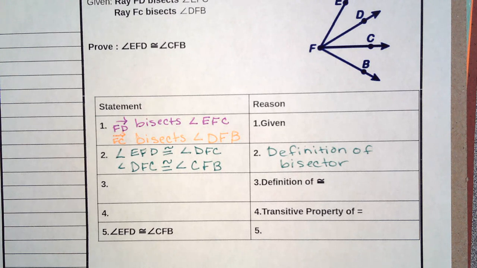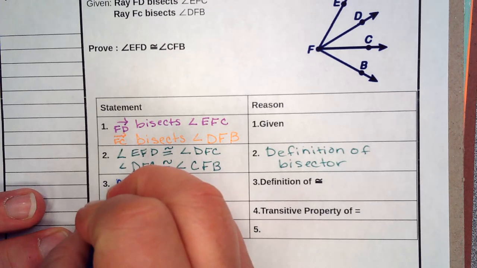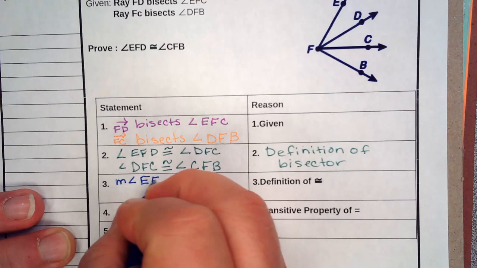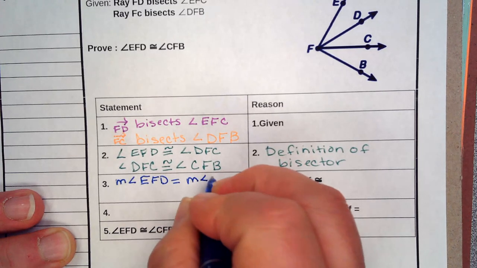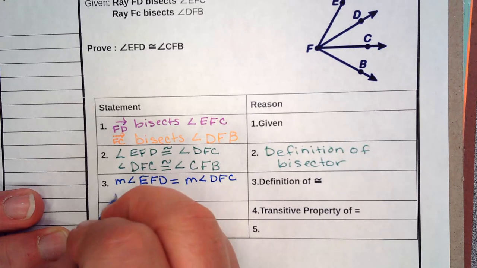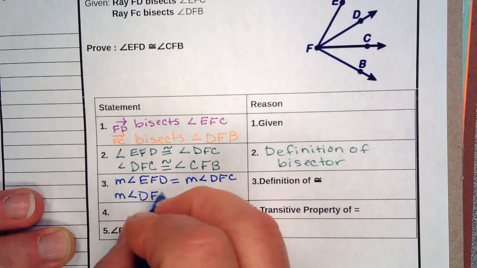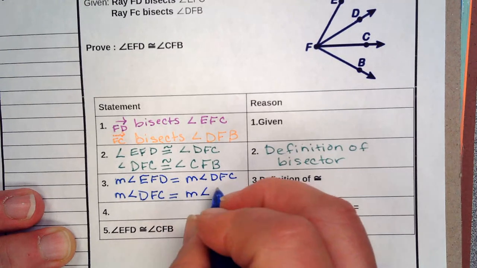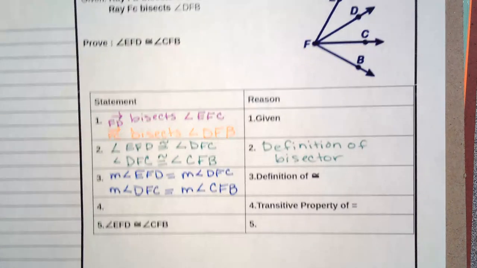So this time we're going to the next step, the measure of angle EFD has to be equal to the measure of angle DFC. And the measure of angle DFC has got to be equal to the measure of angle CFB. That's your definition of congruent.